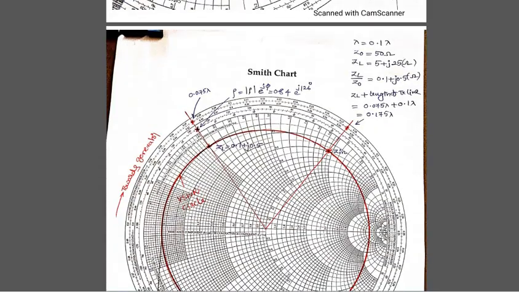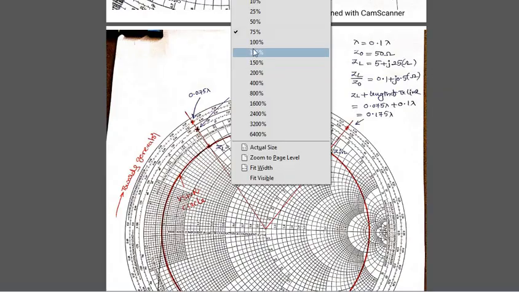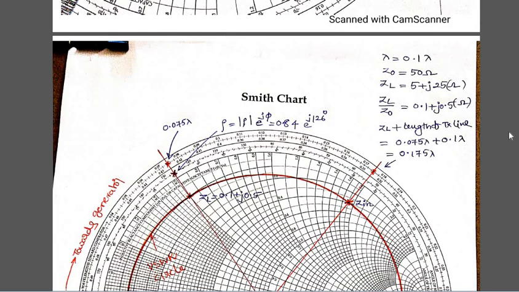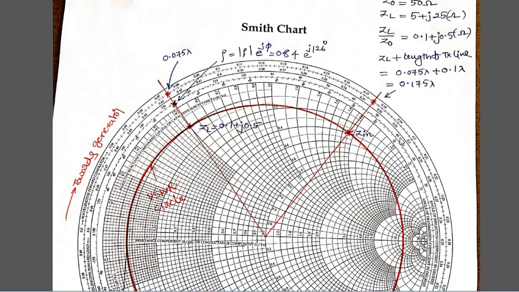See, I will increase the size. See this. This point was extended towards the origin, and this mark gives you, on the VSWR, where Z in was calculated or observed.